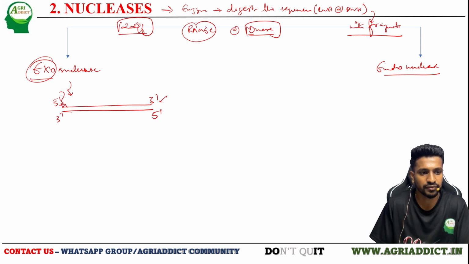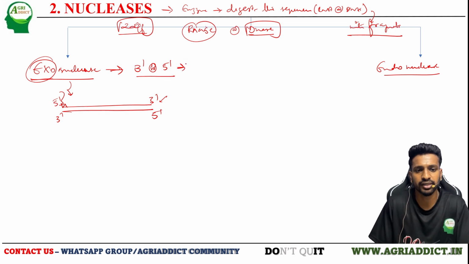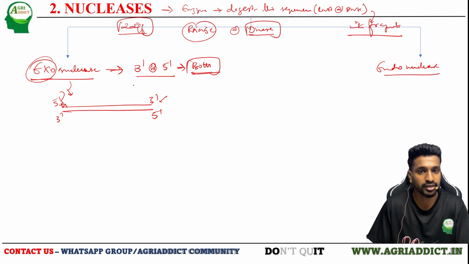The exonucleases can act either from the 3' direction or from the 5' direction, and there are also some exonucleases which can act in both directions. The difference is they can act only at the free ends, breaking the phosphodiester bonds from the ends of the DNA sequence. So this is about exonuclease.